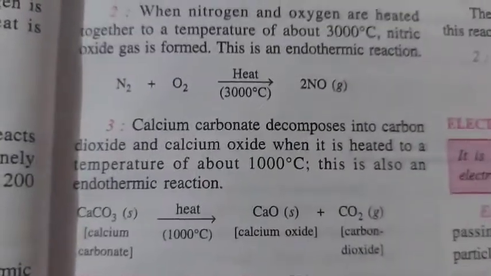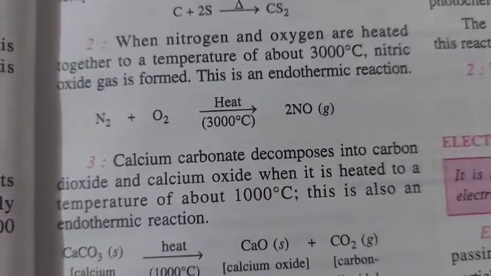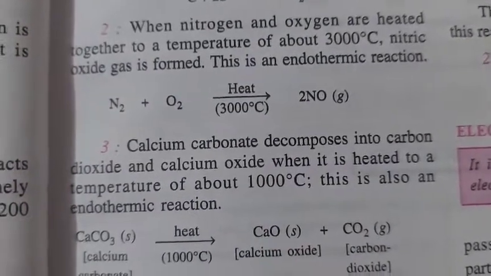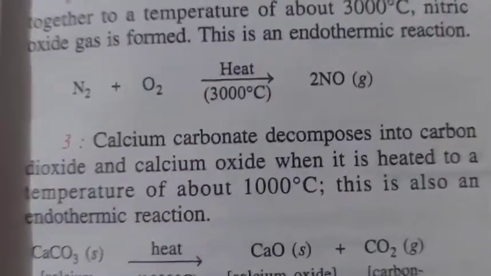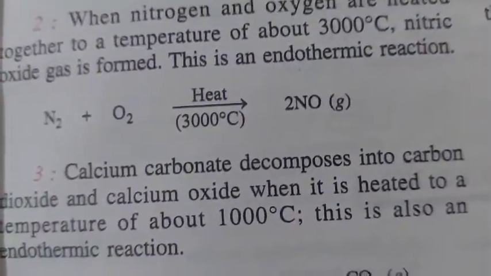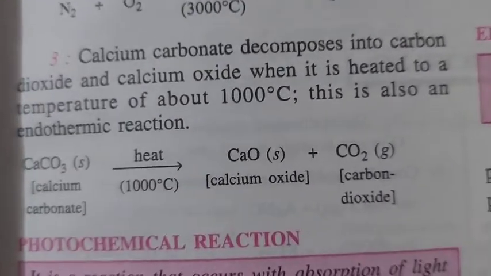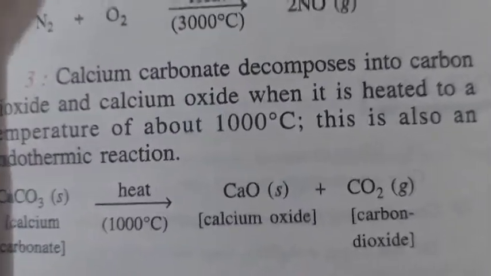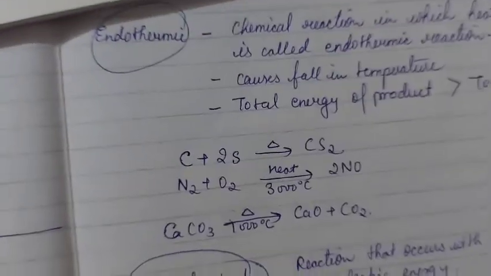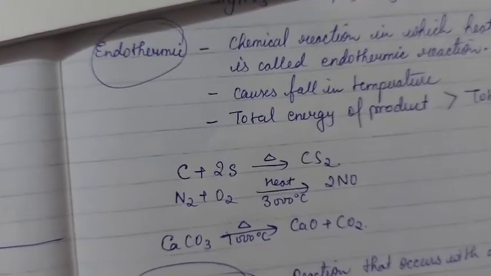Similarly, when nitrogen and oxygen are heated together to a temperature of about 3000 degrees, nitric oxide gas is formed, because the heat provided is absorbed. Similarly, calcium carbonate gives calcium oxide when a temperature of 1000 degrees Celsius is provided. Here also energy is absorbed. These are examples of energy being absorbed, forming endothermic reactions.